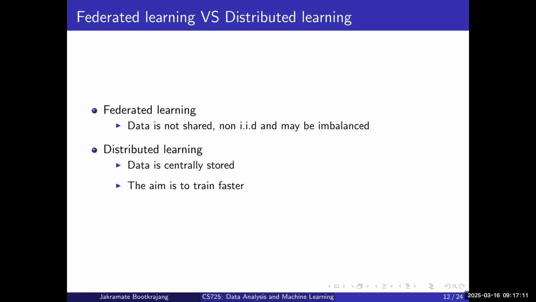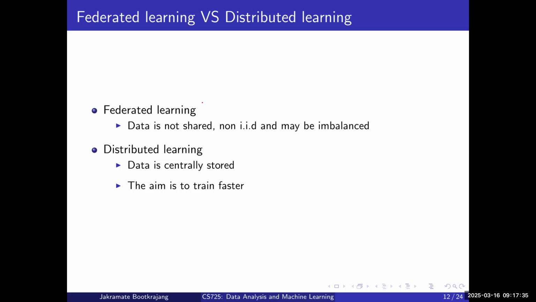There is another word called distributed learning, and there is a distinction between federated learning and distributed learning. In federated learning, the data is separated into multiple devices, and the data is not shared.